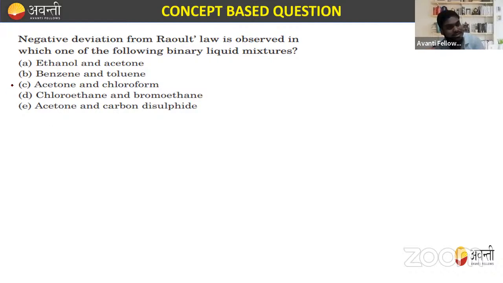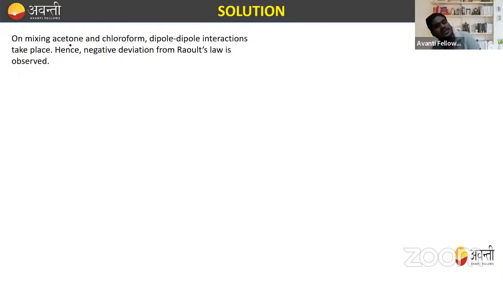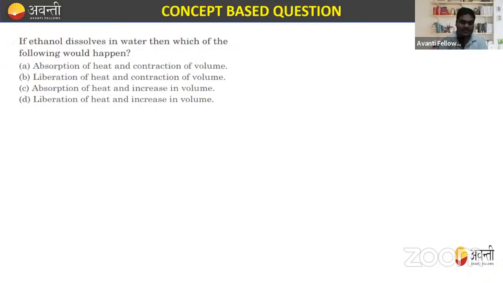So only this option, beta, that is C, acetone and chloroform, because in this there is a force of attraction, a hydrogen bonding, and due to this force of attraction, dipole-dipole interaction, it will show negative deviation, right? So on mixing acetone and chloroform, dipole-dipole interaction takes place. Hence, it shows negative deviation from Raoult's law.